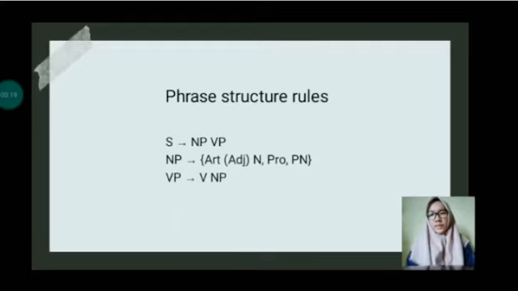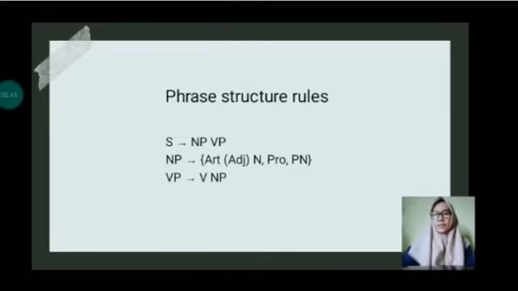As you can see on the PPT, S for sentence consists of noun phrase and verb phrase. NP, noun phrase, consists of articulation, adjective, noun, pronoun, and proper noun. And VP, verb phrase, consists of verb and noun phrase.